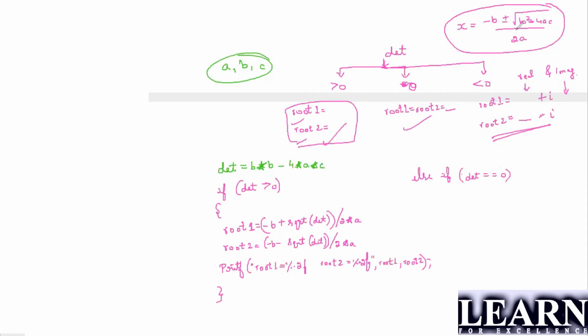If it is equals to 0, then what do I have to do? I have to take out only this part of the formula, minus b divided by 2a. I will calculate only one value, that is nothing but root 1, because root 2 is also the same there.